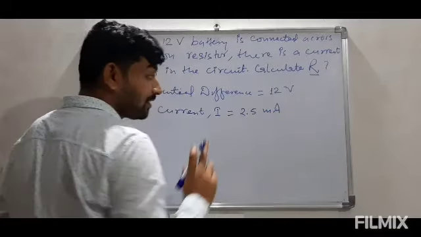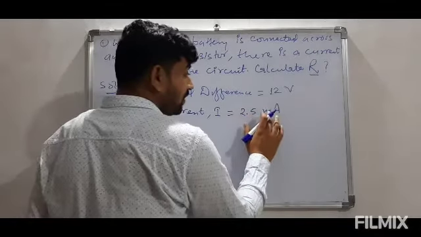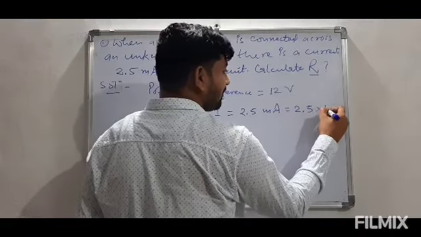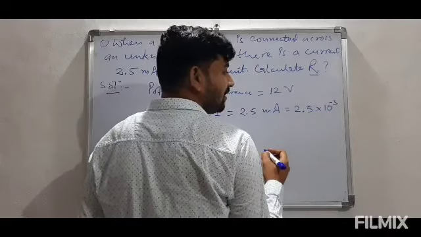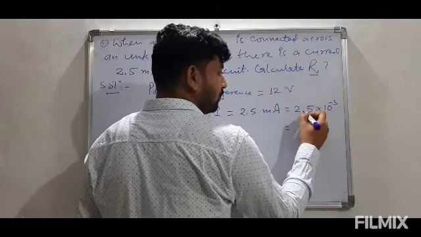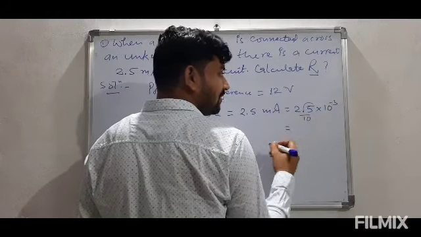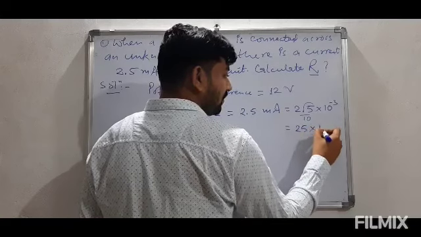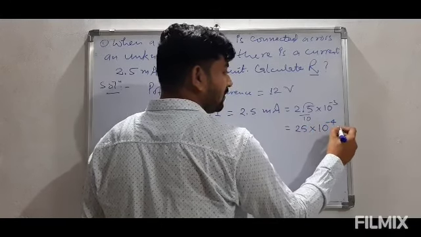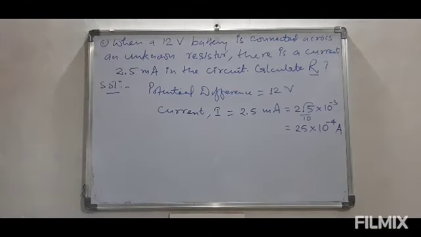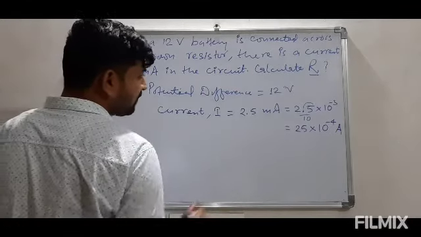As I told you, the SI unit is ampere, so we have to convert this into ampere. 2.5 milliampere is 2.5 into 10 raised to power minus 3. If we remove this decimal, it becomes 25 into 10 raised to power minus 4 ampere. So this is the current.